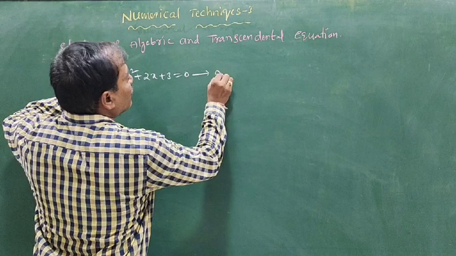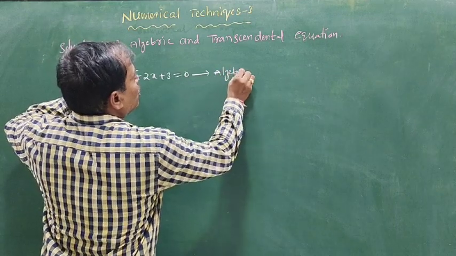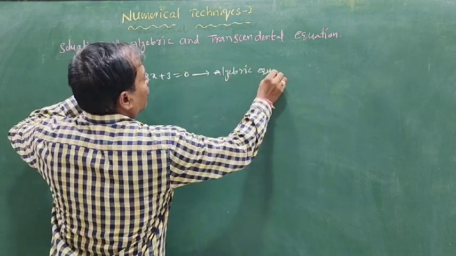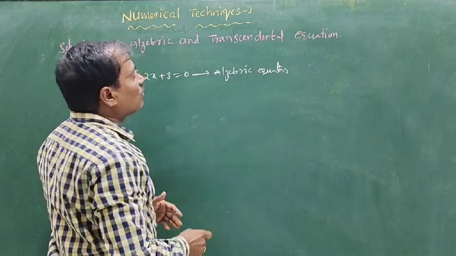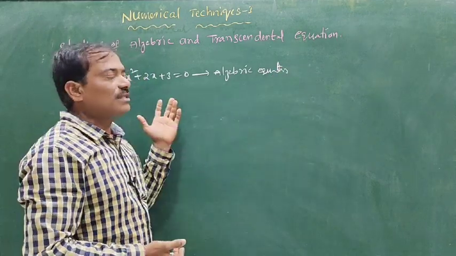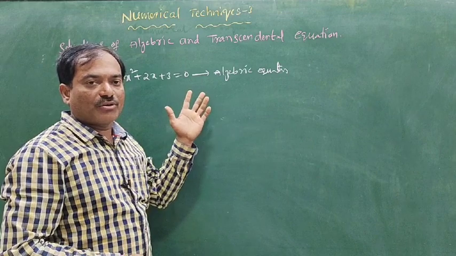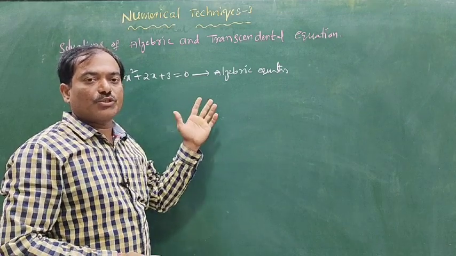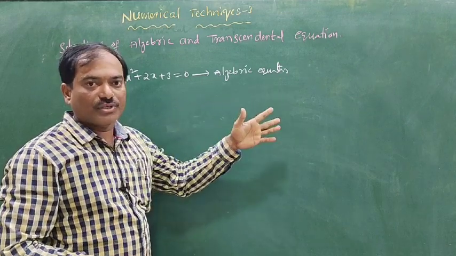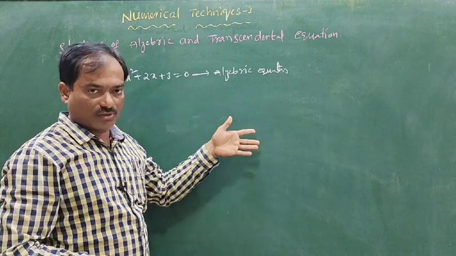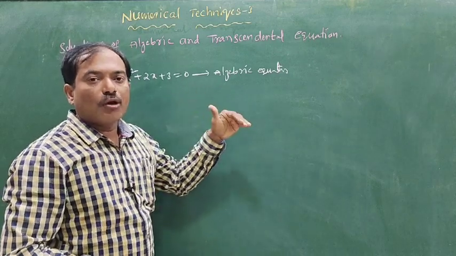This is called algebraic equation. Now the given polynomial of the form a naught x to the power of n plus a2 x to the power of n minus 1 and so on, we wrote already. So that is called an algebraic equation.